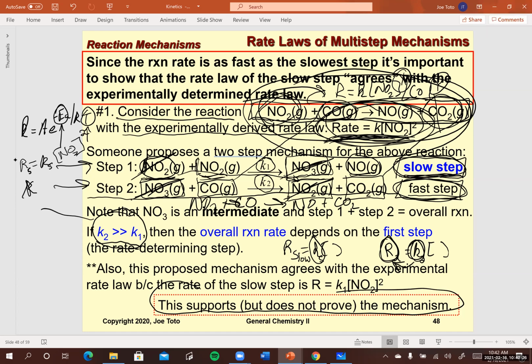I have a question about NO2. If it's a reactant but also produced again, how come it's not a catalyst? Because it's not considered to be a catalyst because it's a reactant. And you can use reactants at different rates.